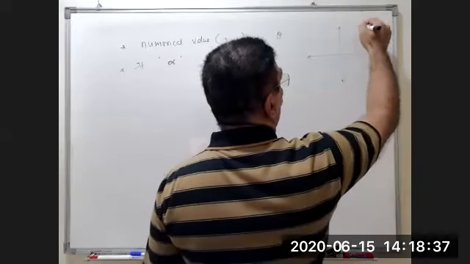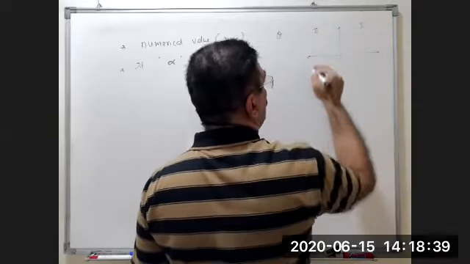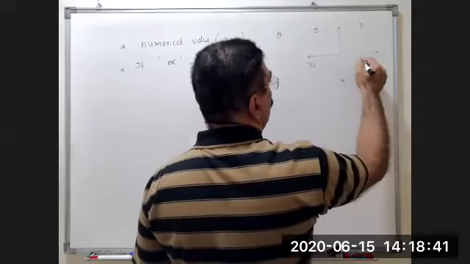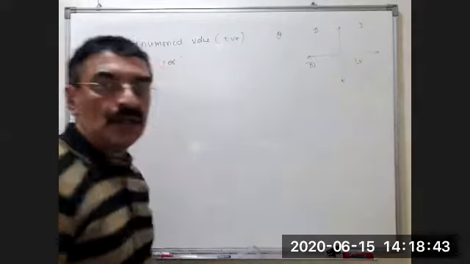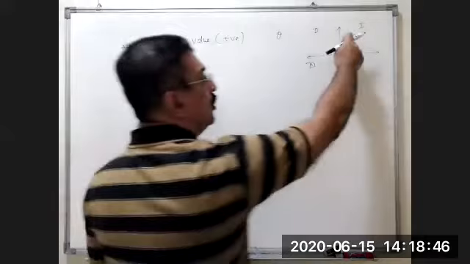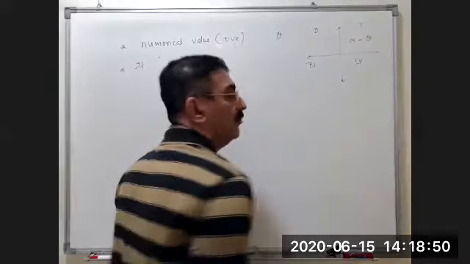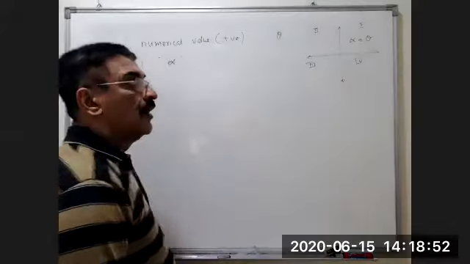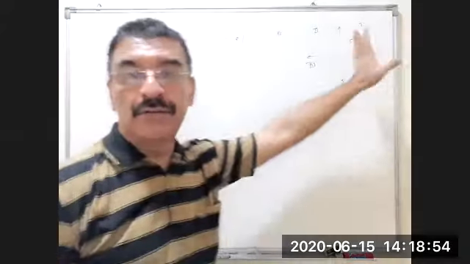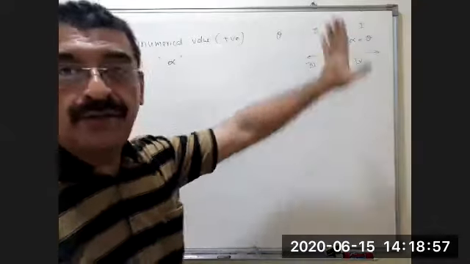This is quadrant 1, this is quadrant 2, this is quadrant 3, this is quadrant 4. If the principal value is in quadrant 1, then alpha is equal to theta. That means alpha and the angle we found in quadrant 1 are the same.